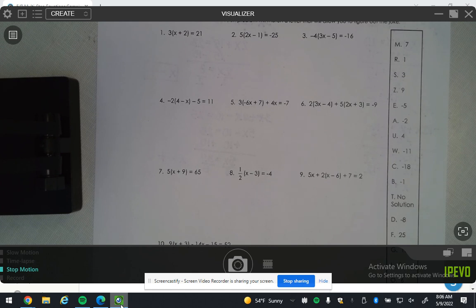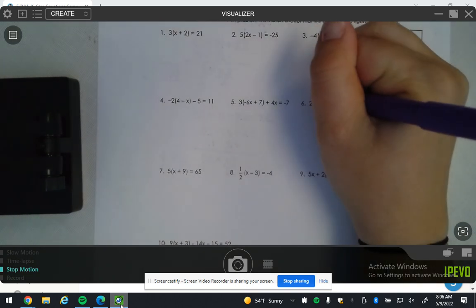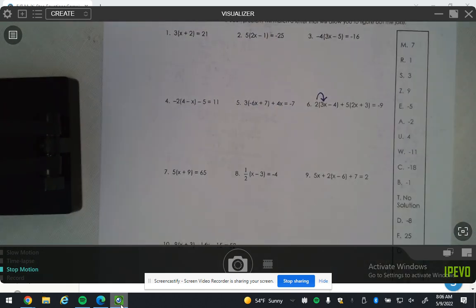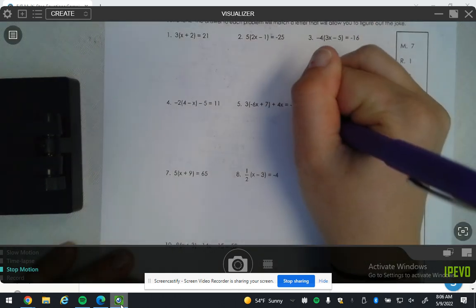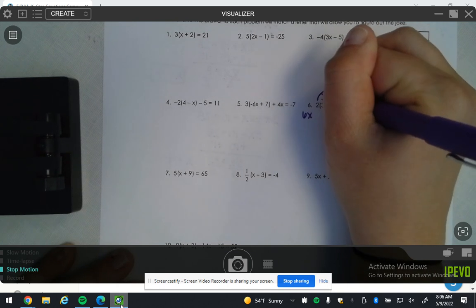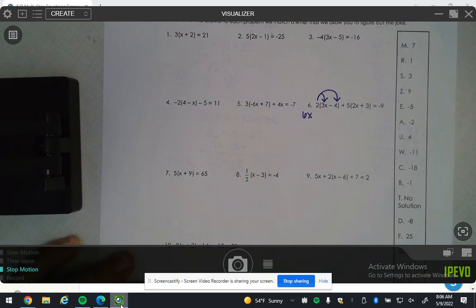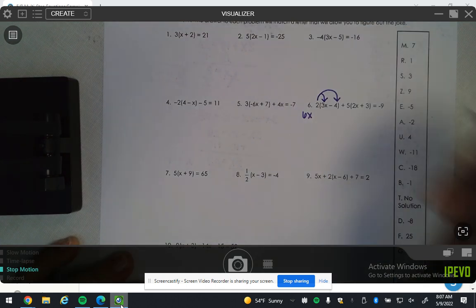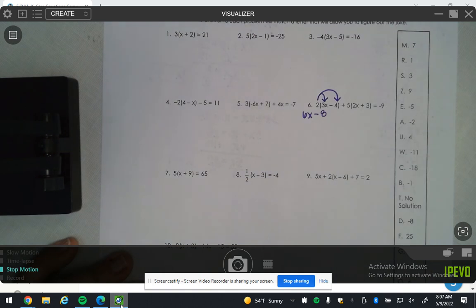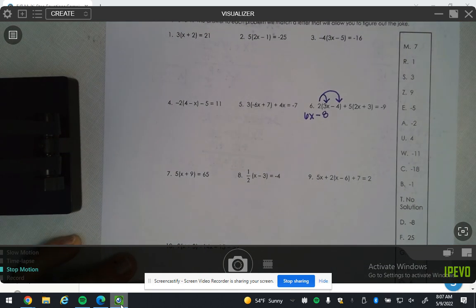Okay, there's parentheses, right? So what number's in front of the first parenthesis? 2. So I have to distribute, right? 2 times 3x. 6. Yep, 6x. 2 times what next? -4 though, right? 2 times -4 is negative what? 8. Am I done with that parenthesis?